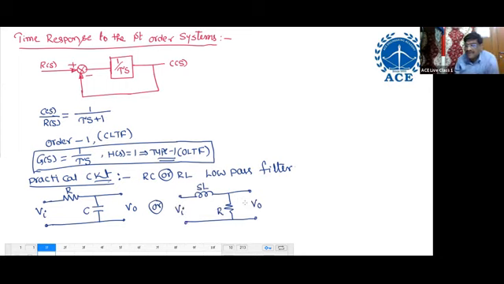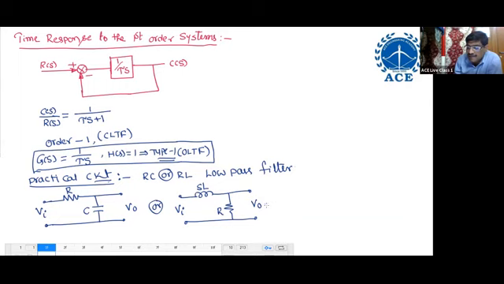At low frequency, V naught equals Vi. For example, at frequency 0, the capacitor is an open circuit, so V naught equals Vi. Here also, at frequency 0, the inductor is a short circuit. If it is a short circuit, V naught equals Vi.